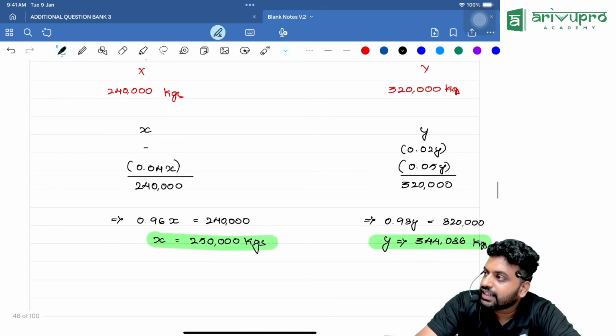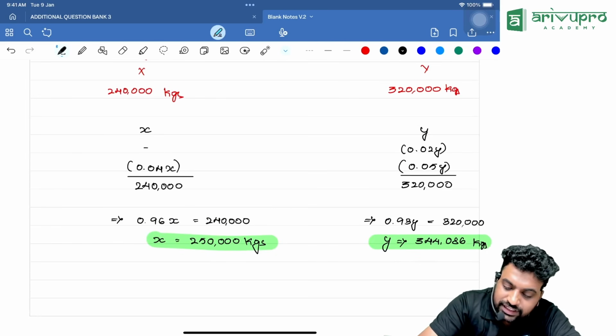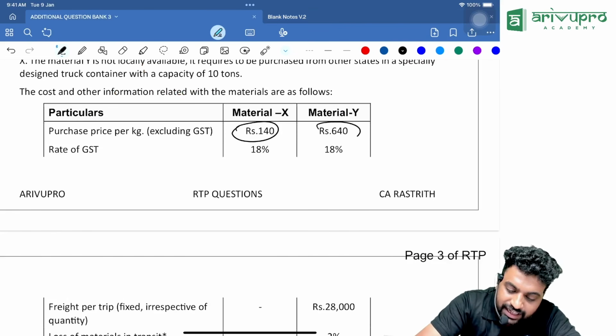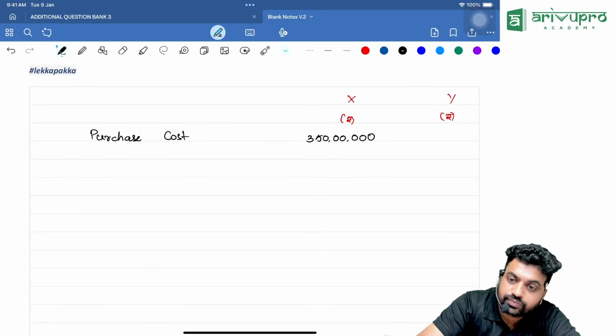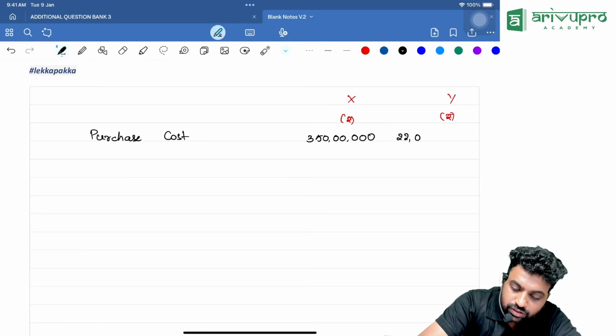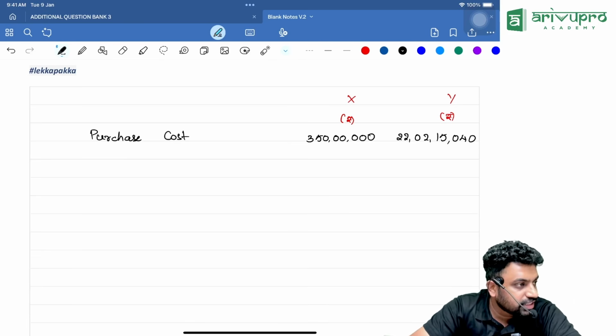For the next one, 3,44,086 kg is what we are buying at the rate of 640, which comes to 22 crore, 2,15,040. That will be your purchase cost.